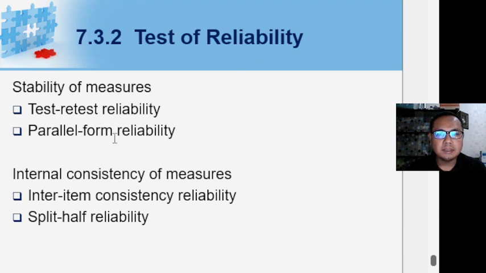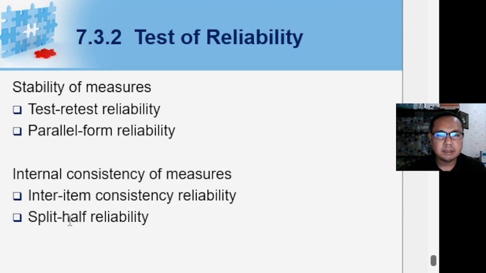And then reliability. Okay, test of reliability. Stability in terms of a stability measure: test-retest reliability and parallel-form reliability. And then internal consistency of measure. That means there are no outliers in our data.